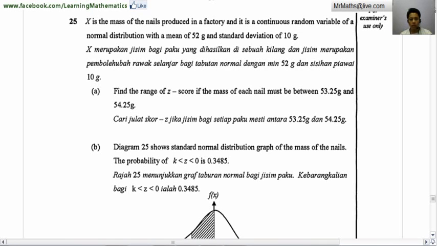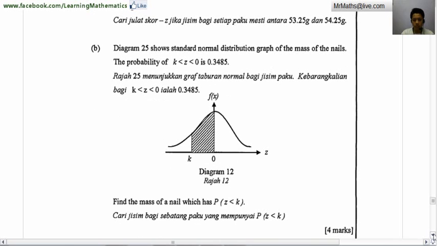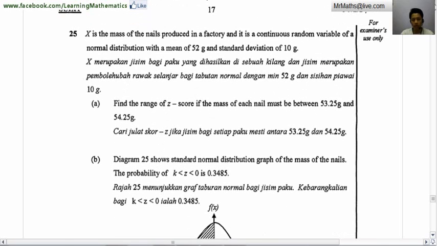A, find the range of z-score if the mass of each nail must be between 53.25 and 54.25. Then diagram 25 shows a standard normal distribution graph. The mass of the nail, the probability of K. We'll find out later on. Let's take a look at A first.